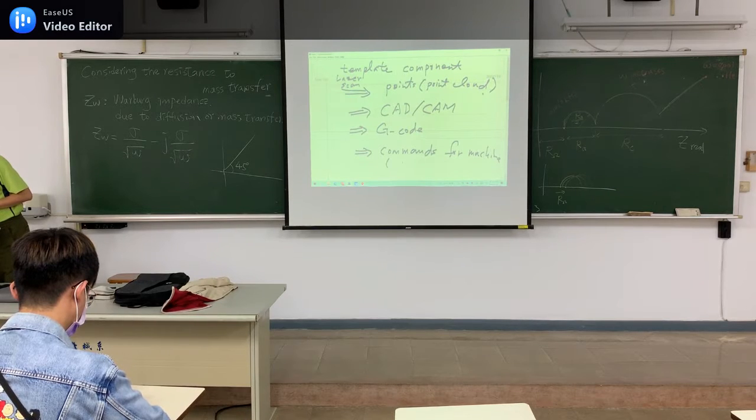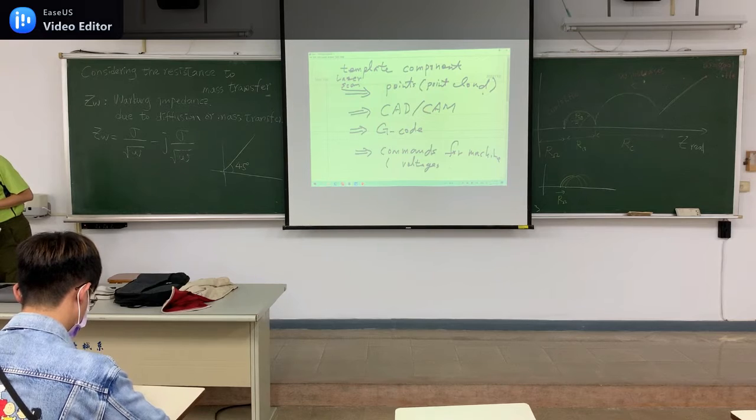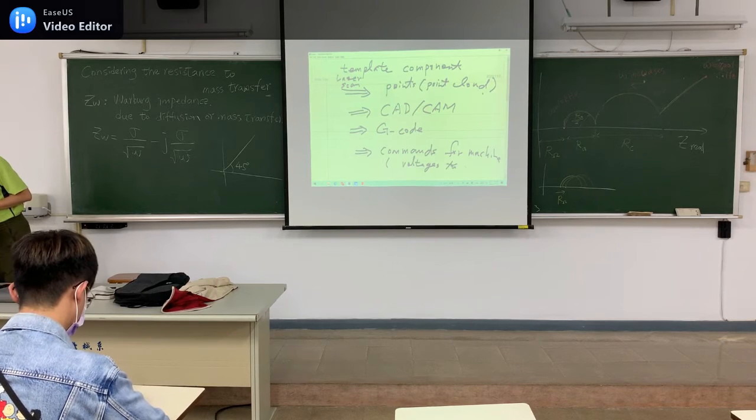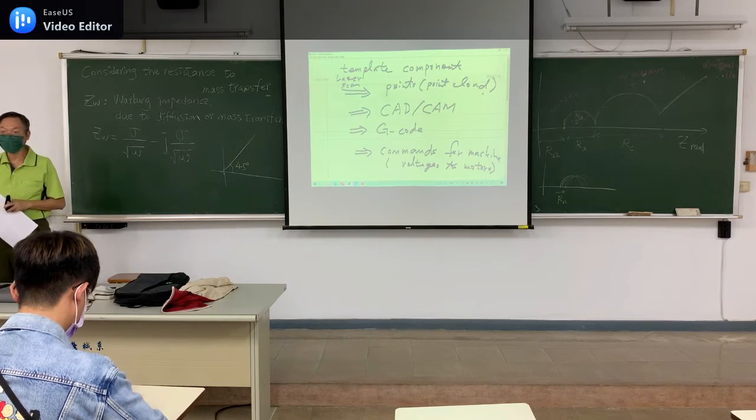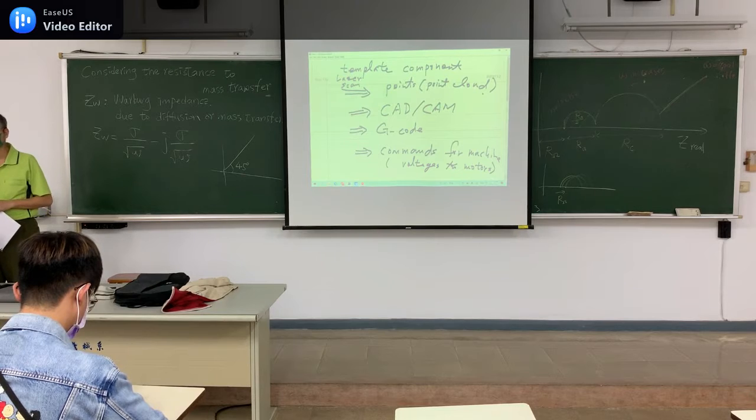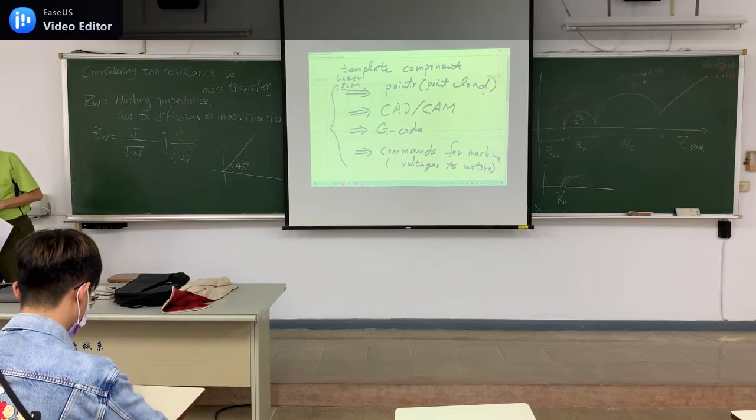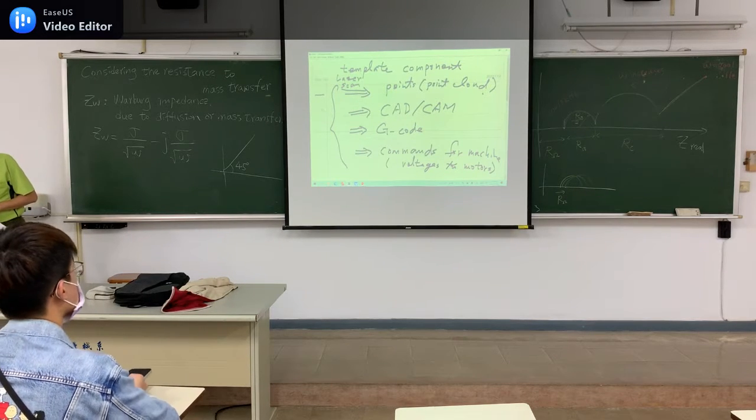In other words, for example, voltage to the motor. We need to provide a command. The command is the voltage to the motors. So all of these are what we call integration.